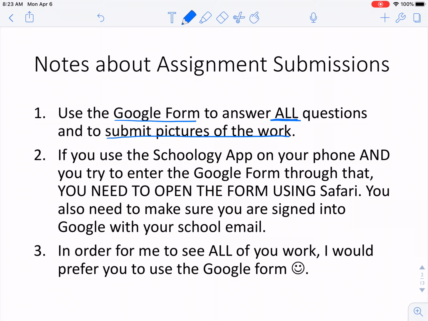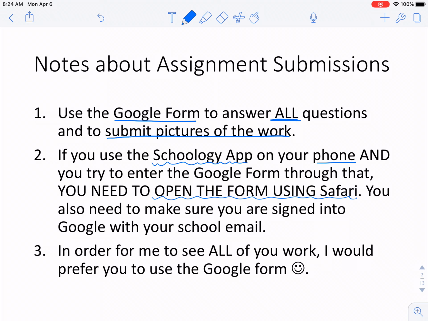Now, if you're using the Schoology app on your phone and you try to enter the Google form through the Schoology app, you need to open the form using Safari. You also need to make sure you're signed into your Google with your school email. In order for me to see all of the work, I would prefer that you use the Google form, because there are additional questions in the Google form that aren't just uploading pictures.